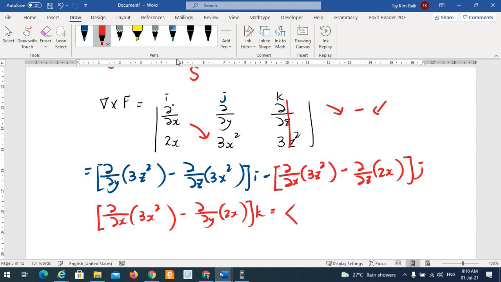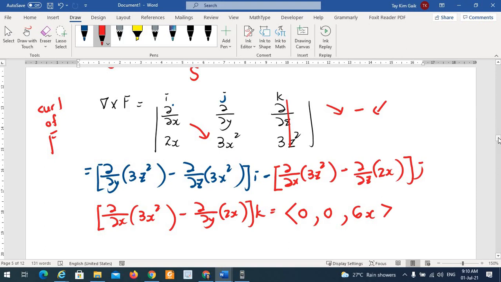Del y of 3z squared is 0, del z of 3x squared is 0, so component i is 0. Component j, del x of 3z squared you get 0, del z of 2x you get 0, j is 0. Component k, del x of 3x squared you have 6x, del y of 2x is 0, that's why you get 6x k. So this is the curl of F.